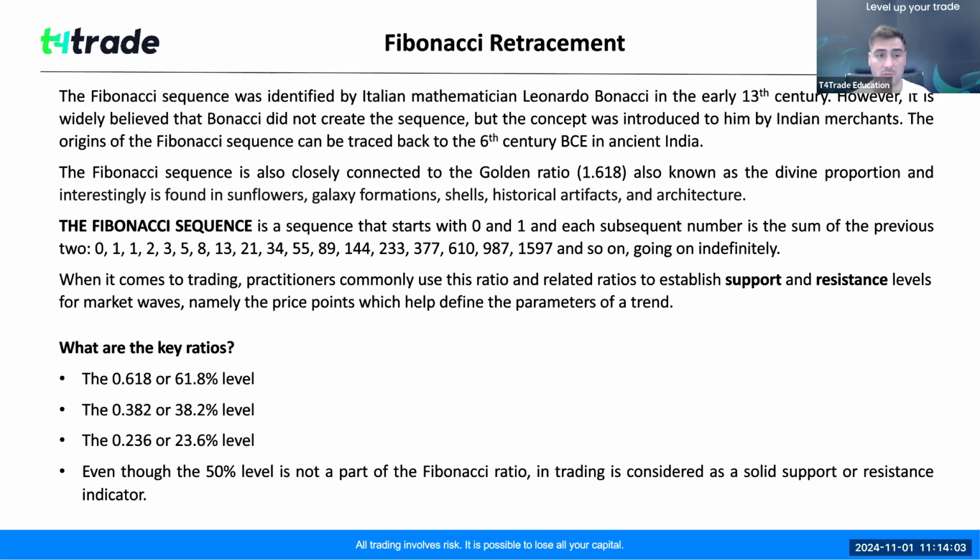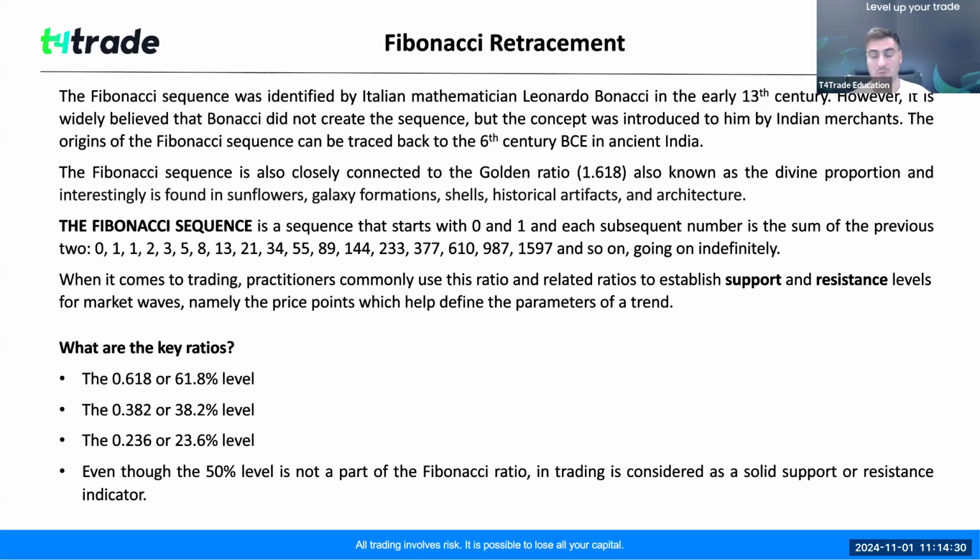The prior one is also 1, so 1 plus 1 is 2. 2 plus 1 is 3. 3 plus 2 is 5. 5 plus 3 is 8. 8 plus 5 is 13. 13 plus 8 is 21. 21 plus 13 is 34, and it goes on indefinitely. You keep adding those numbers and you get an indefinite series of numbers.